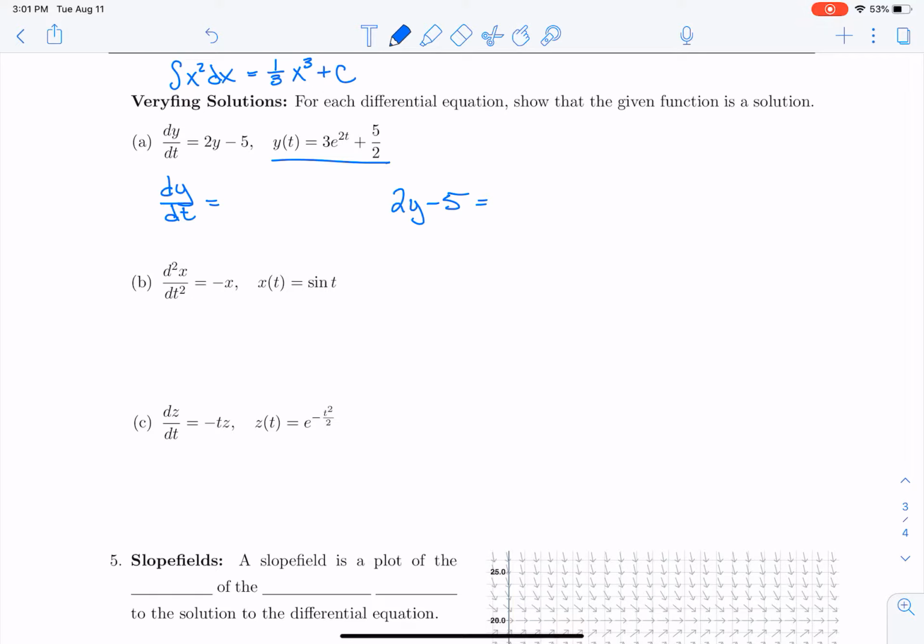So I want you to take a second and see if you can do that for A, B, and C. Can you find the appropriate derivative and then substitute in the function to the right-hand side and show that those things are equal? So take a moment to do that and pause this video.